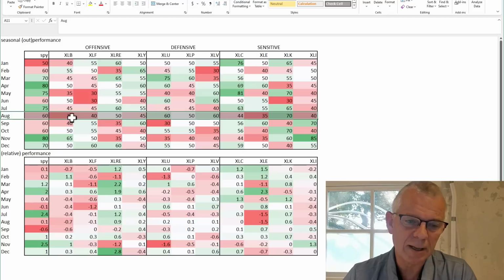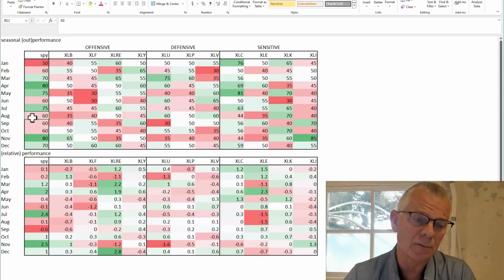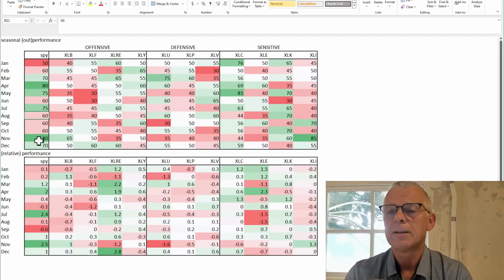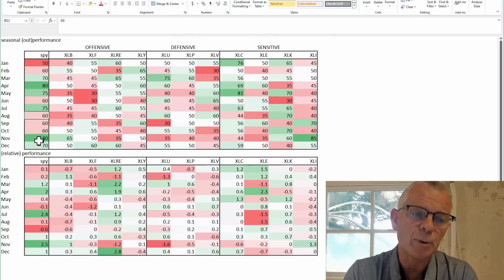It has some outliers, but it also has quite a few sectors that are very close to 50%. So SPY itself, 60% of the time showed a positive month in terms of price.